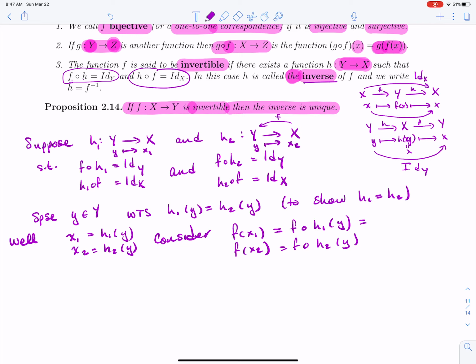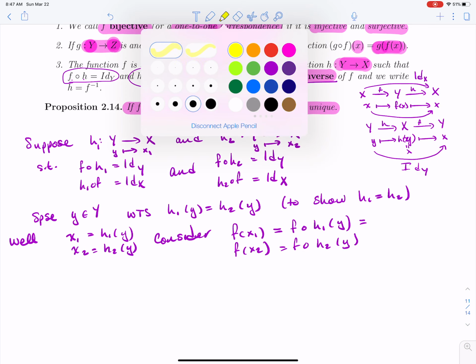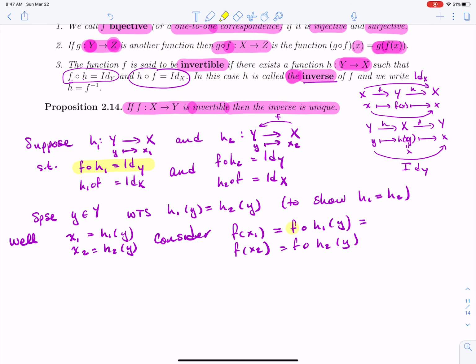But what do I know that f following h1 is? Maybe I'll highlight it in yellow, because that's always fun. f following h1 is the identity, so that's equal to the identity on y of y.